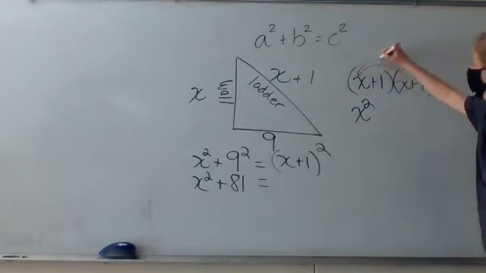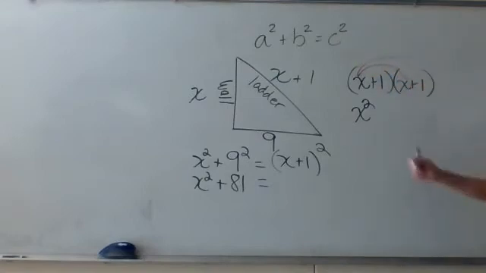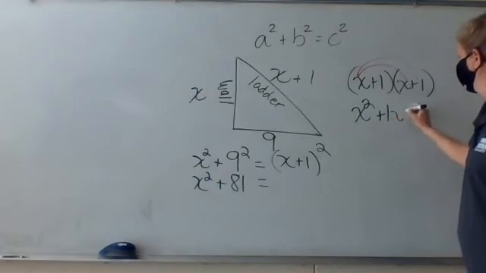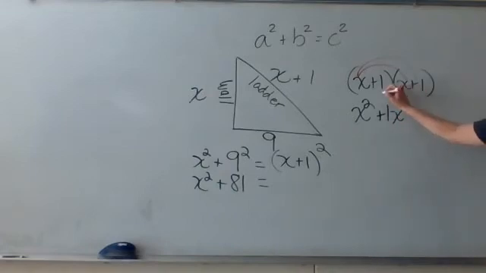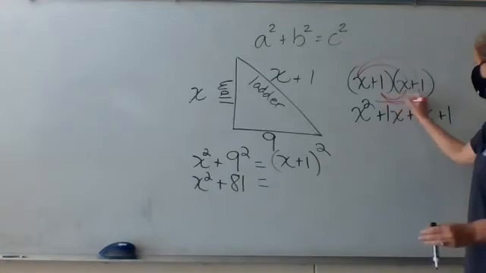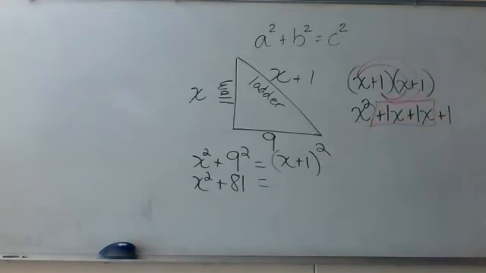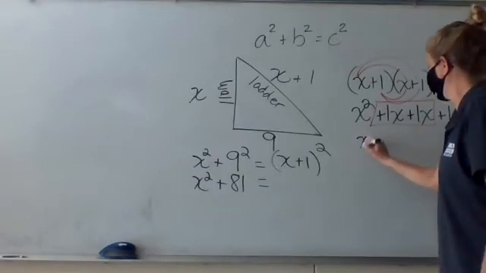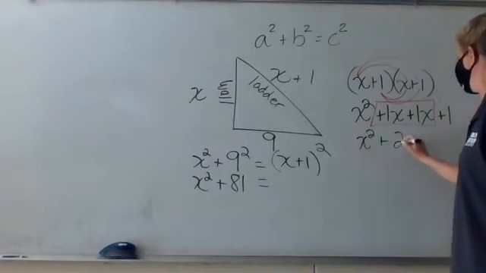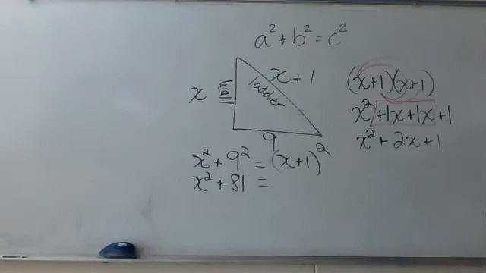My outer, x times 1, gives me 1x. My inner, 1 times x, gives me another 1x. And my last, 1 times 1, gives me positive 1. So when I put my x's together, 1x and 1x gives me 2x. So I have x squared plus 2x plus 1.